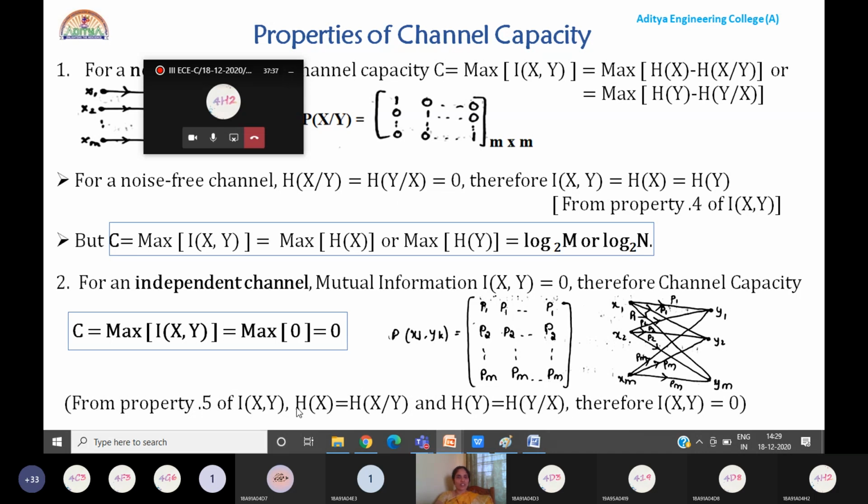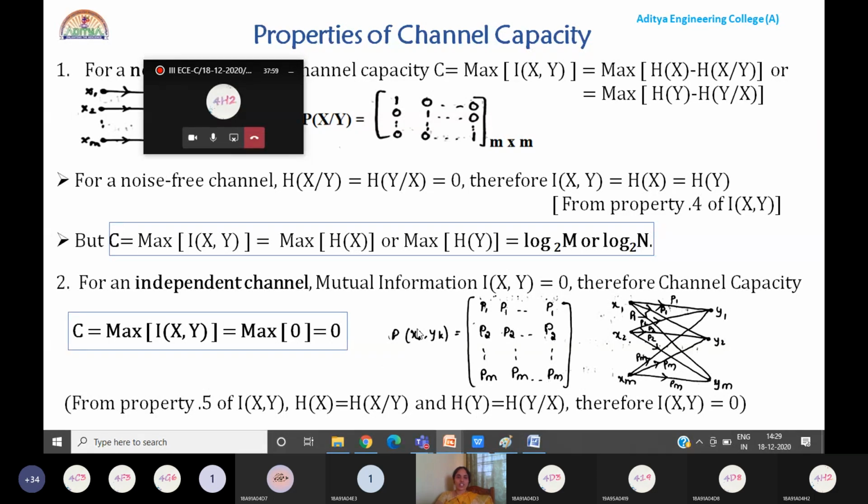So, you can observe H of x is equal to H of x by y, and H of y is equal to H of y by x. But mutual information is either H of x minus H of x by y, or H of y minus H of y by x. Therefore, mutual information for an independent channel is 0.